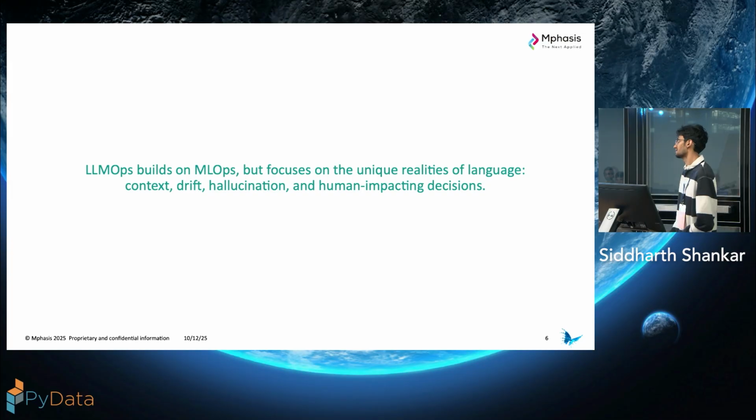So just to summarize, LLM ops builds on, or can be considered an extension of, MLOps, but it focuses on the unique realities of what it works with, which is language: things like context, drift, hallucination, and any human-impacting decisions around that.